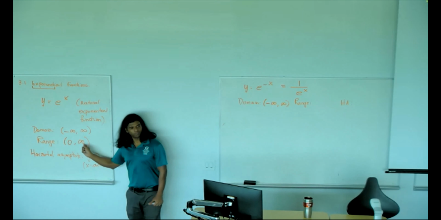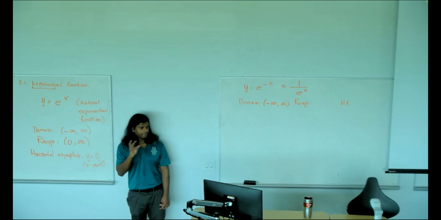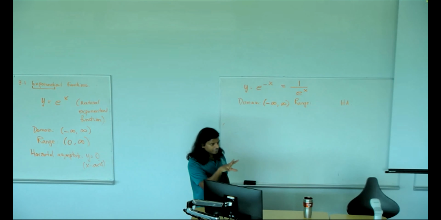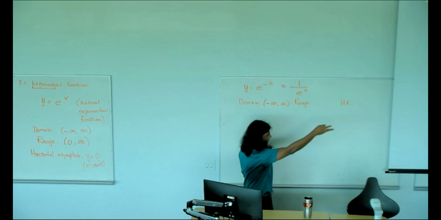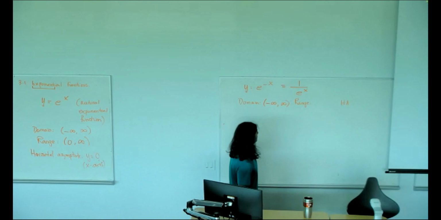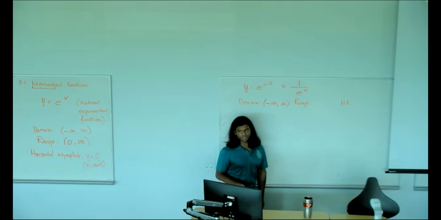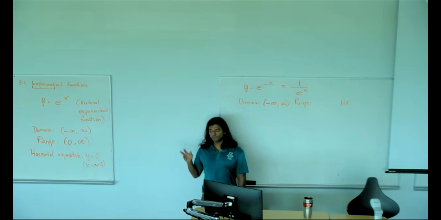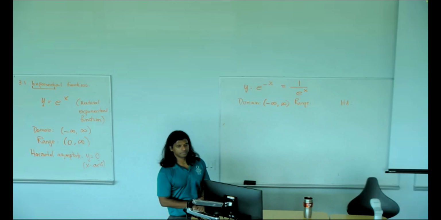What do we know about the range? The range of e raised to x could never be negative. It can never equal 0. So there is no way you're going to divide by 0, because that never becomes 0. If the denominator is always a positive number, is it possible for 1 over e raised to x to be a negative number?